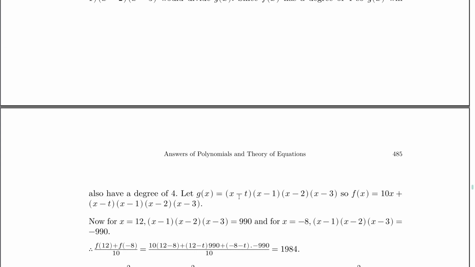If we substitute those in this equation, we have 990 and minus 990. So f12 plus f of minus 8 by 10 would be 10 into 12 minus 8 plus 12 minus t into 990 plus minus 8 minus t into minus 990, all by 10, which would be 1984.